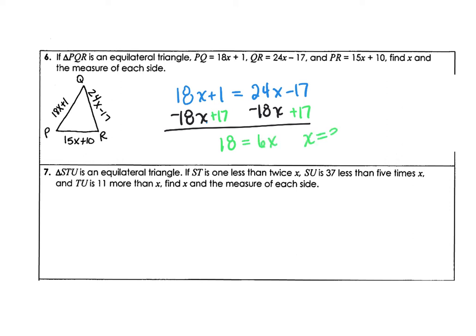So once you know that x equals 3 and it wants x and the measure of the sides, once again, you can plug it in and you will get all 3 of the side lengths with an equilateral. And so sometimes they can give you a picture, sometimes they can give you a description. Either way, you know based on the side length equilateral, they're all 3 congruent. Isosceles, 2 of them are congruent, okay?